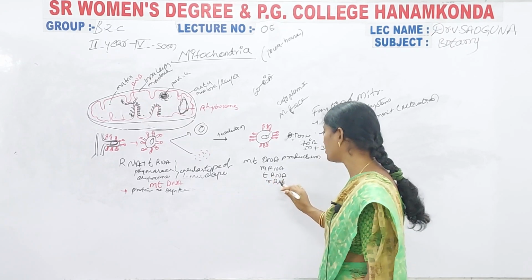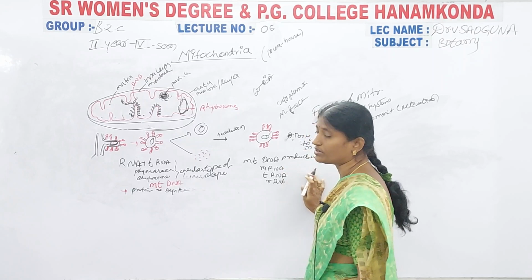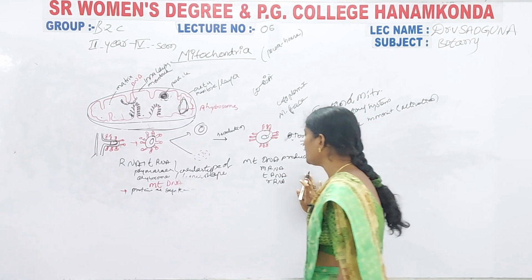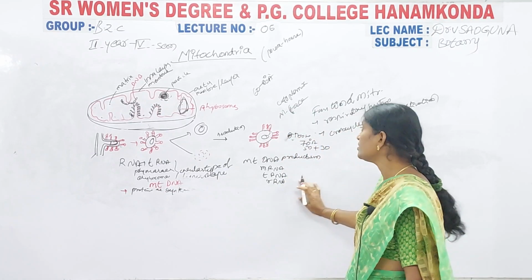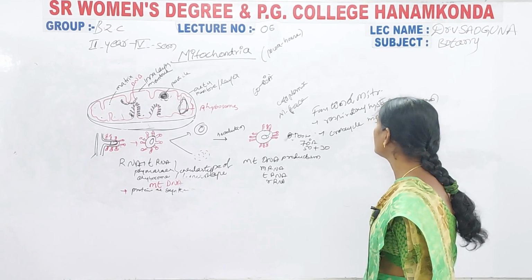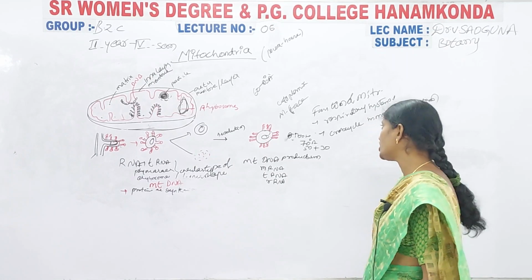Mitochondrial DNA is also produced. The mitochondrial DNA is also called mitotic DNA. Its presence is in most functions, the main important function being the respiratory system.